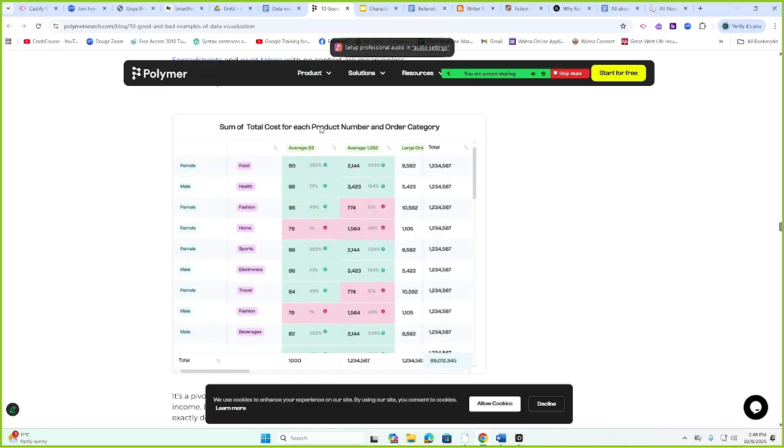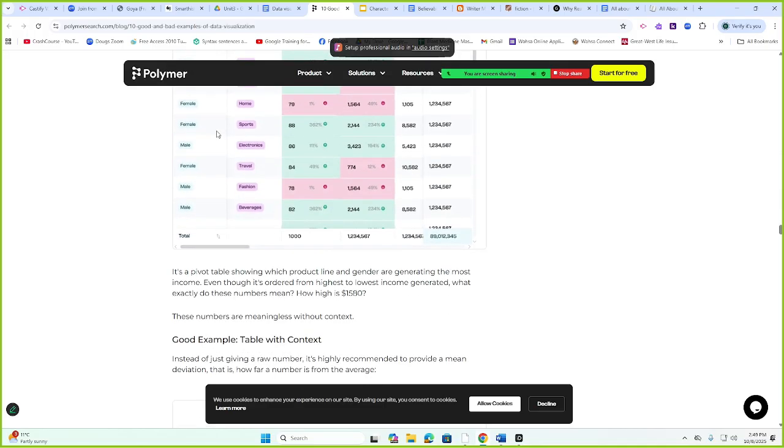Sum of total cost for each product number and order category. So, product number and order category, we obviously have too many criteria, categories in here to be of any use to us.